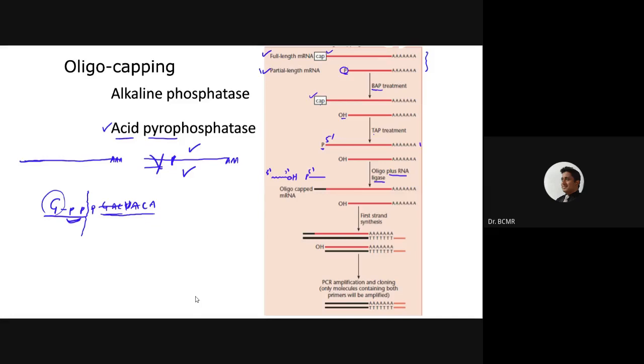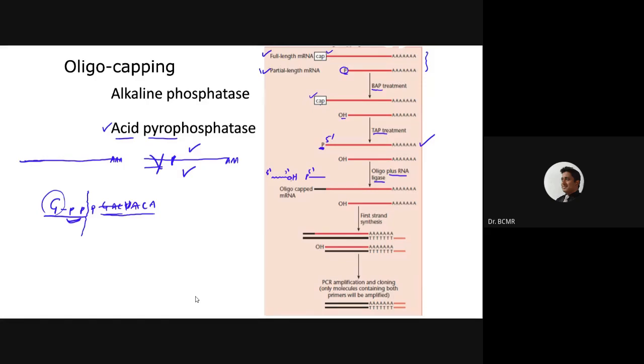The full length mRNA has a 5 prime phosphate. Why does it have it? We have removed the G. It had the G cap. We removed it using acid pyrophosphatase, and now it has a single 5 prime phosphate group. And the oligo that we are adding has a 3 prime OH.